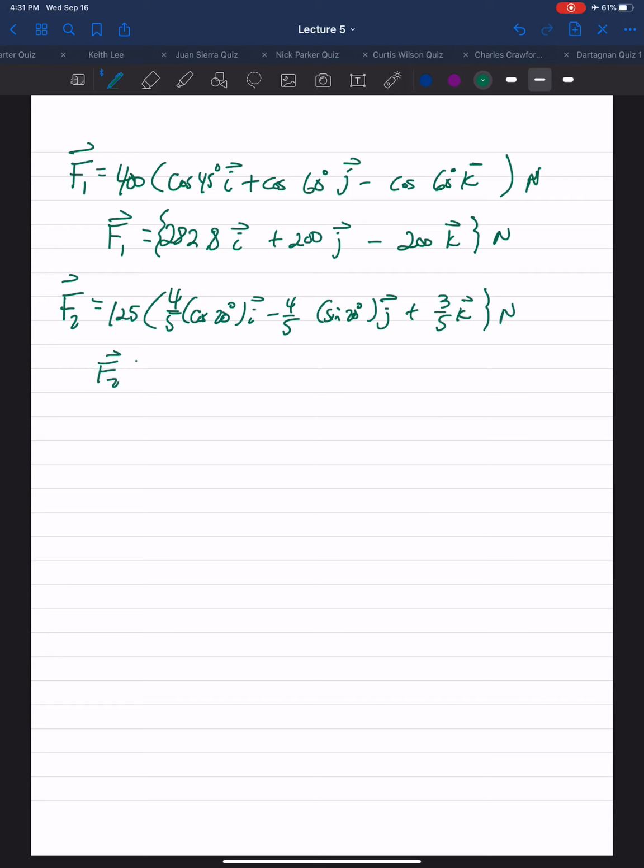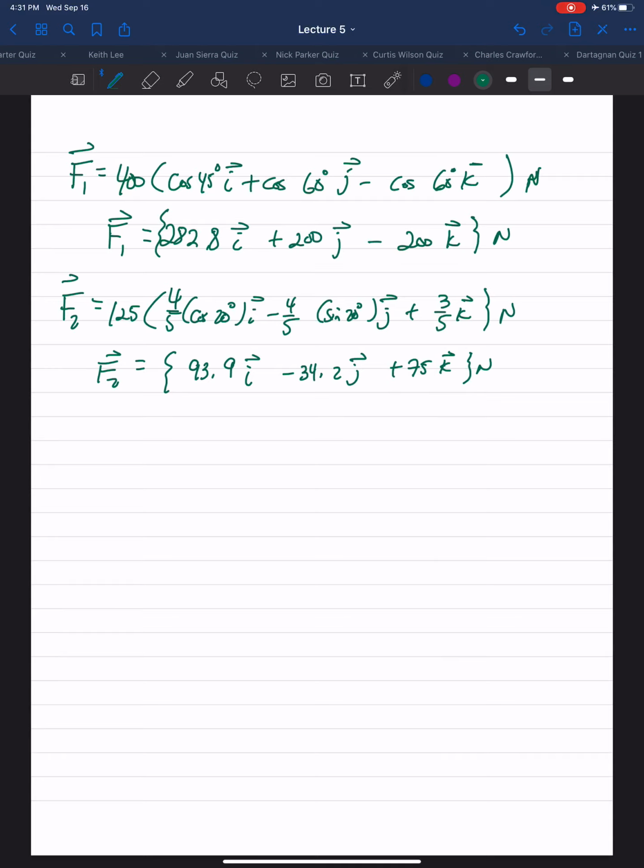Solve that out. F2 gives us 93.9 i minus 34.2 j plus 75 k.